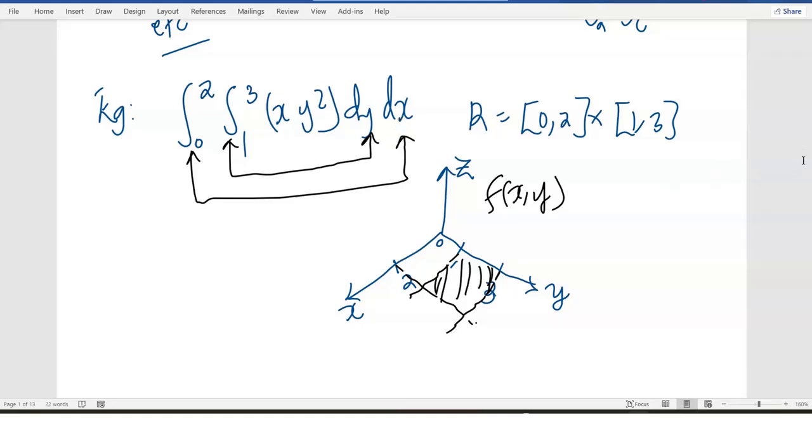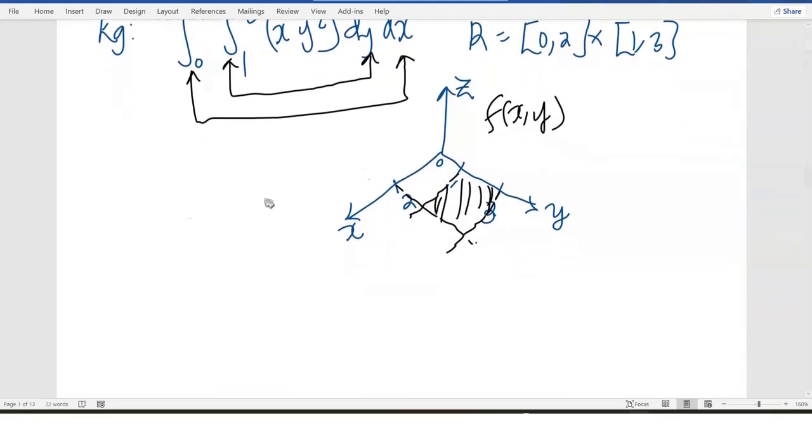So let's work with what is inside first. Inside we have integrating from 1 to 3 of x y squared with respect to y. Integrating with respect to y means x remains a constant and y is what is changing.